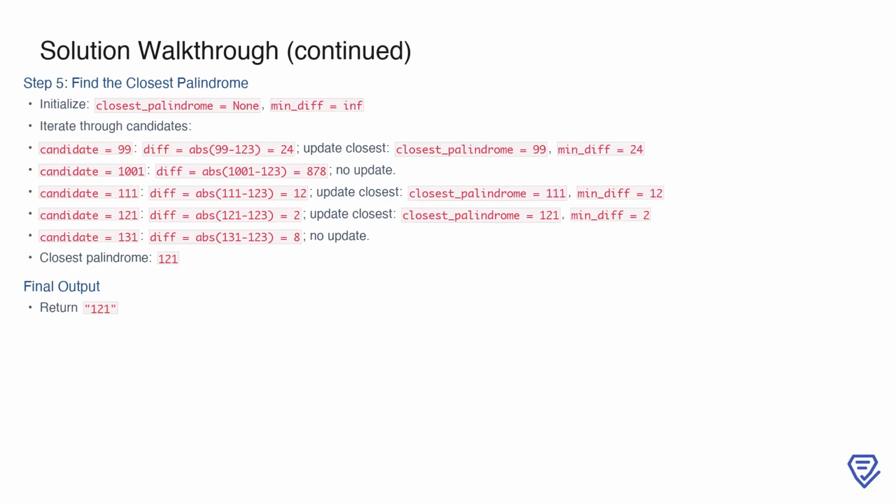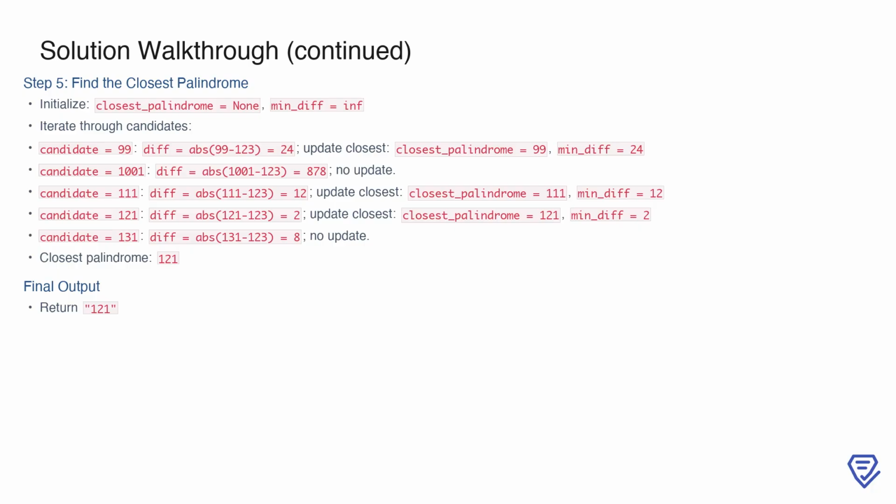The next step is to find the closest palindrome from our set of candidates. We initialize two variables, closest_palindrome as None and min_diff as infinity, to track the closest value and its difference from the input. Iterating through the candidates, we first check 99. The difference between 99 and 123 is 24, so we update closest_palindrome to 99 and min_diff to 24.